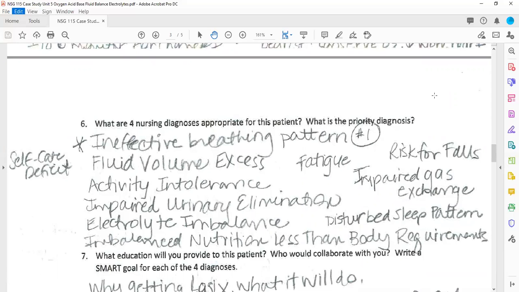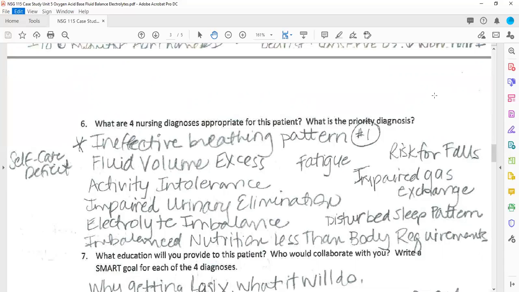Now this doesn't say that this is the only problem I have to fix. What we're going to see is when we look at these diagnoses that many times if you can fix one problem, you can fix a lot of these diagnoses because we're looking at what's causing it.